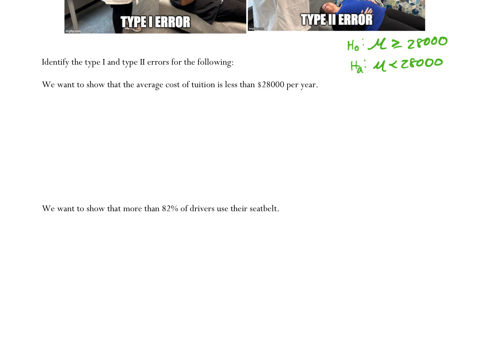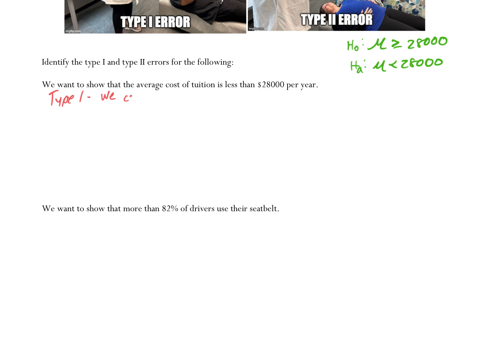All right, type 1. So for type 1, we reject the null and we conclude the alternative, right?